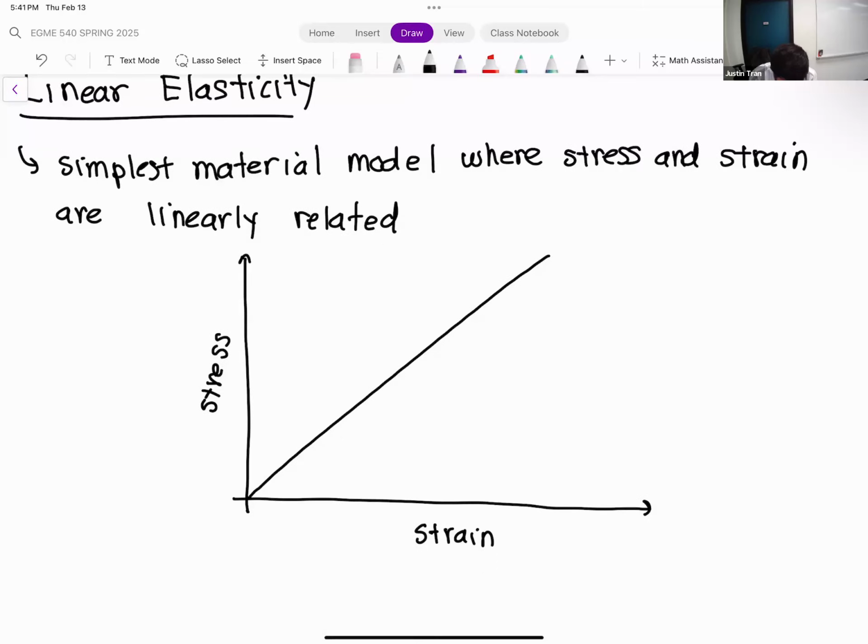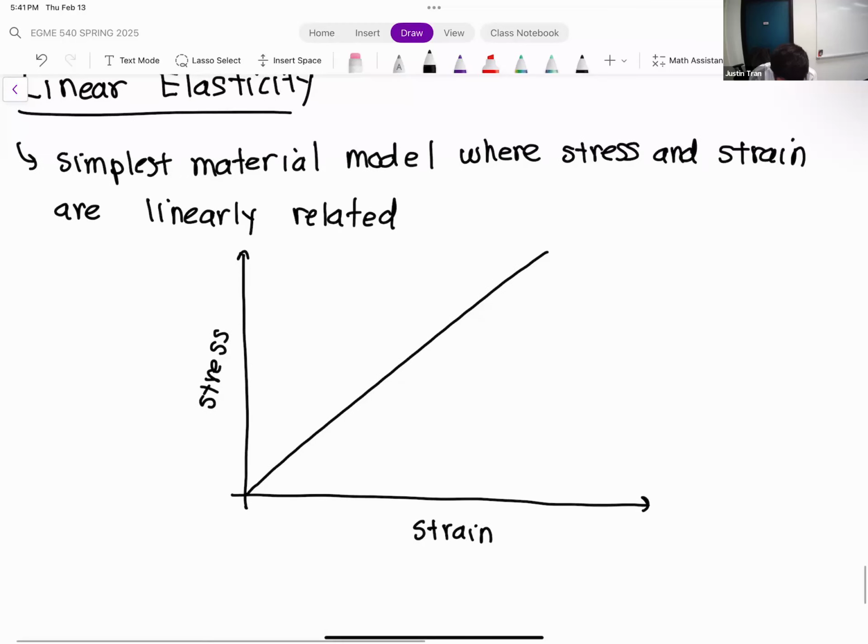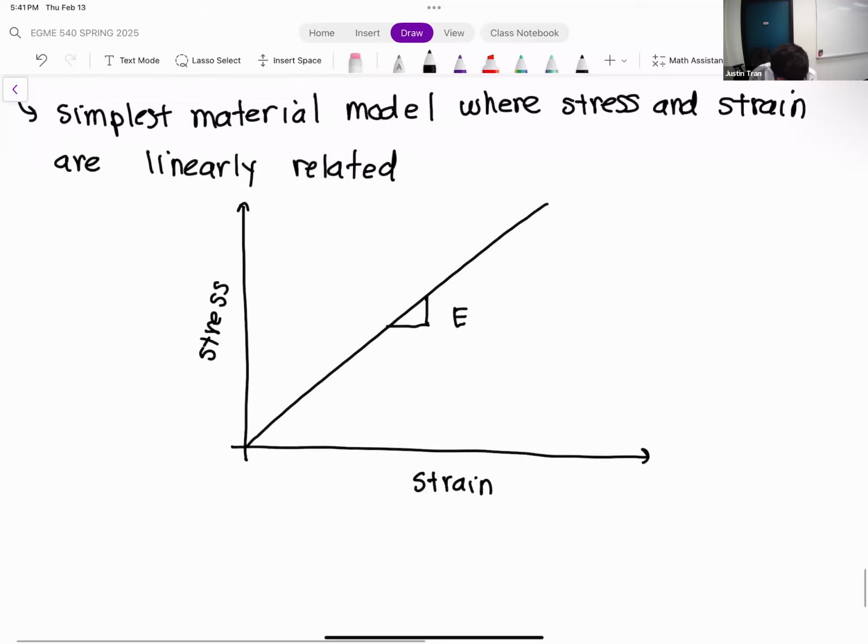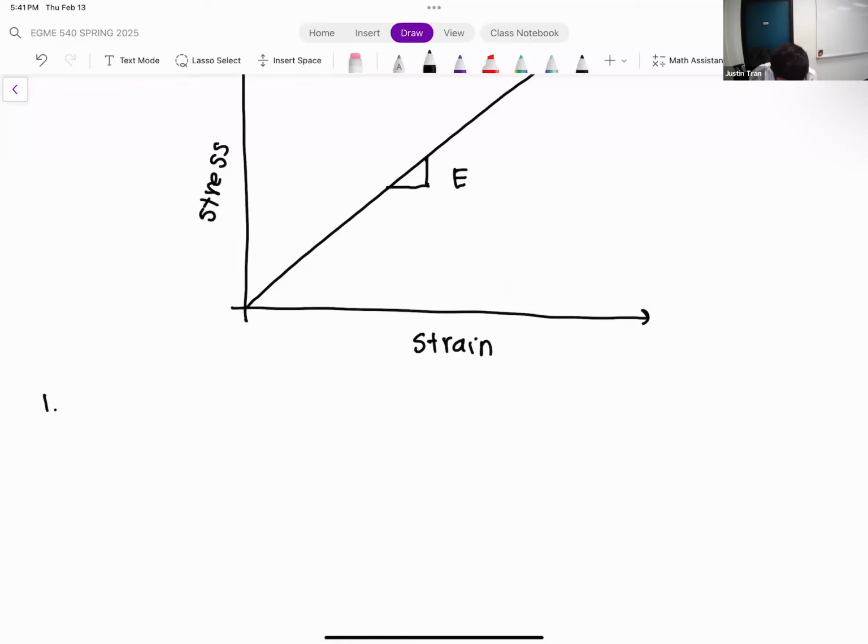Okay, so what are the properties that go into a linearly elastic model? There's some familiar faces here. The first one we have is the slope of the line, which is the Young's modulus. The Young's modulus E defines the slope of the stress strain curve in a linearly elastic material.